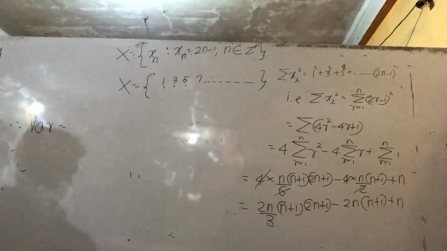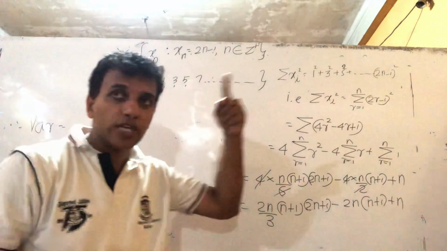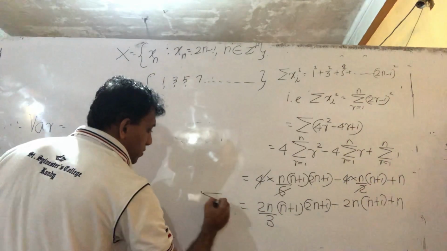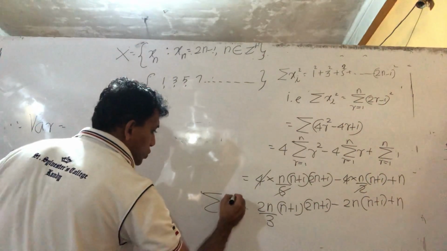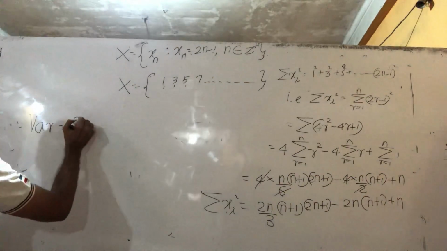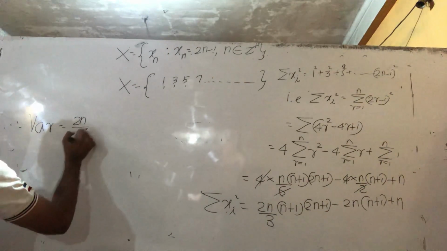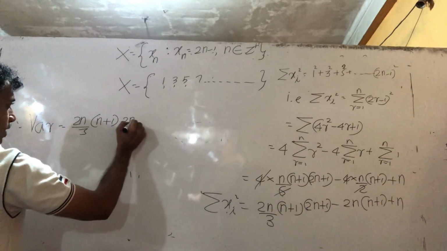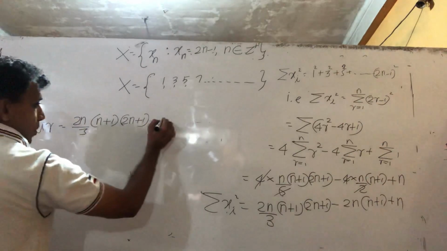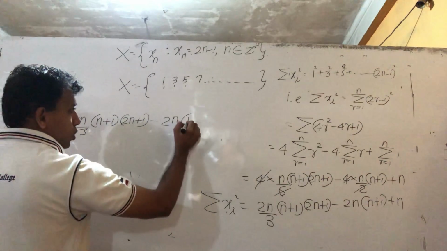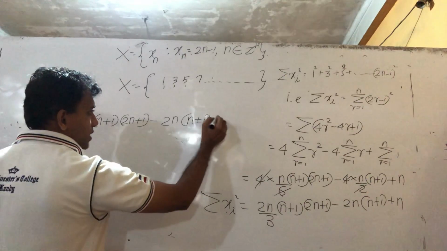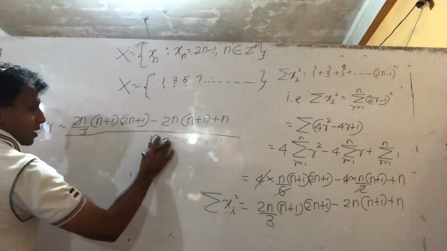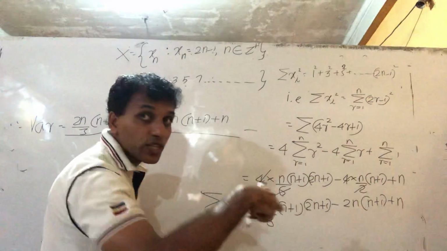Again go to the variance formula. I mark sigma xi square divided by n. This is sigma xi square, right? This is sigma xi square: 2n over 3 into n plus 1 into 2n plus 1, minus 2n into n plus 1, plus n, everything divided by n, minus the mean square.